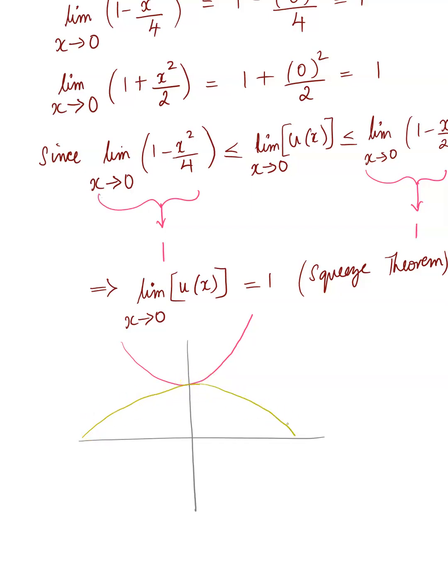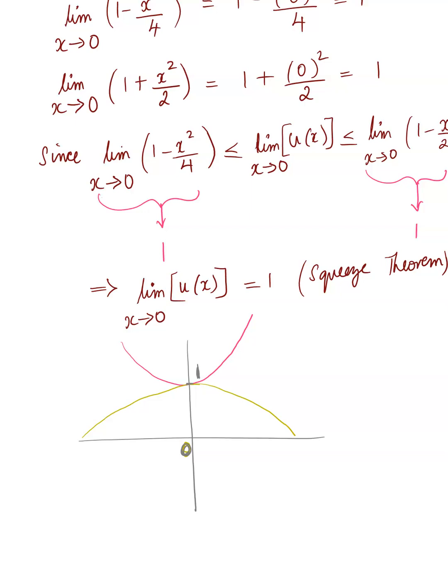Okay. They must touch, right, at 0. This value is 1. So as x approaches 0, the limiting function was 1.